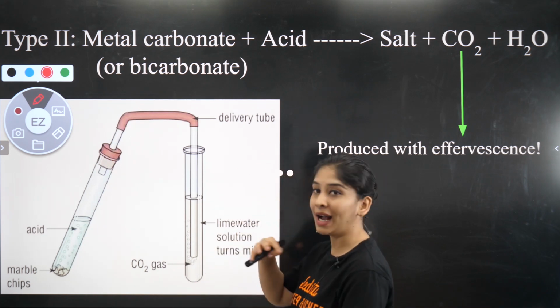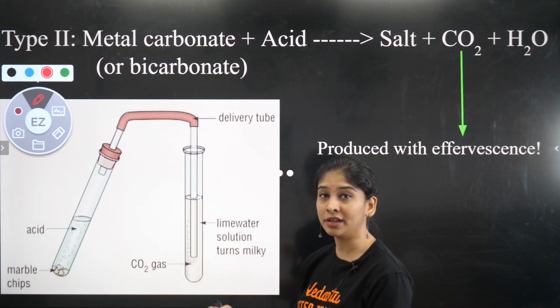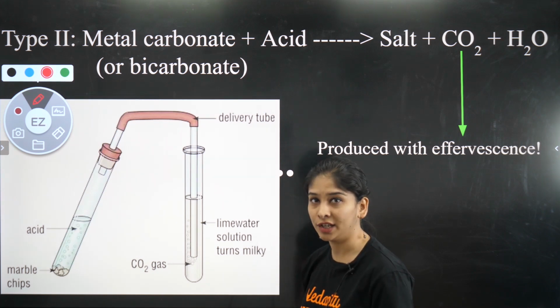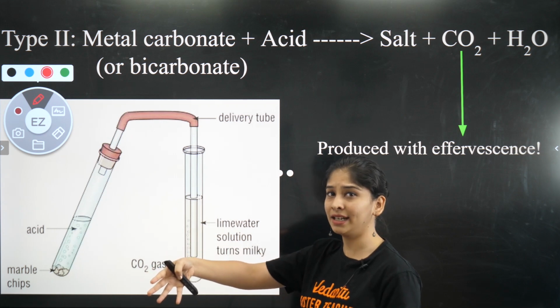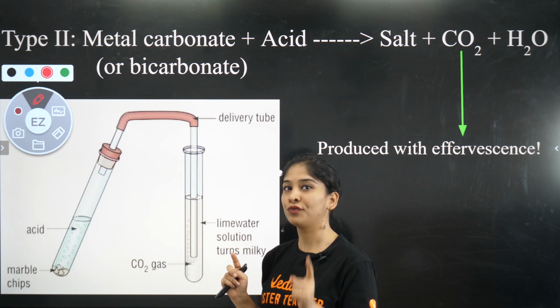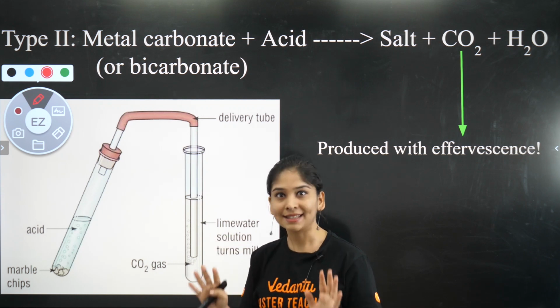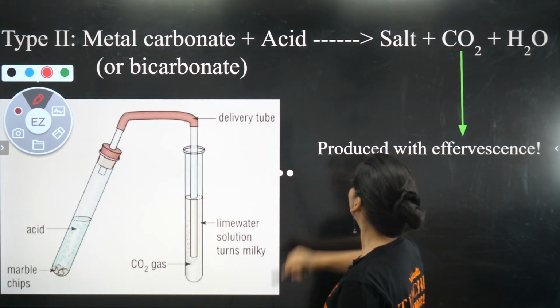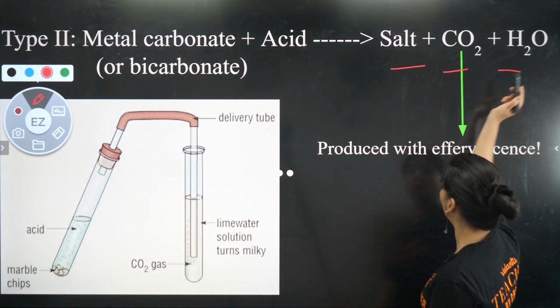Look, the rest is more of neutralization, because metal carbonate, bicarbonate, metal oxides all are basic in nature. You are reacting it with an acid: acid plus base gives salt and water. One product is also going to form, that is CO2. Are you understanding this point? Okay, so metal carbonate with acid gives salt, CO2 and water.